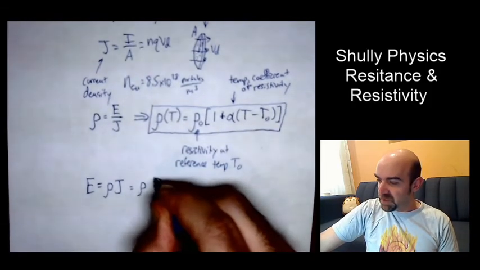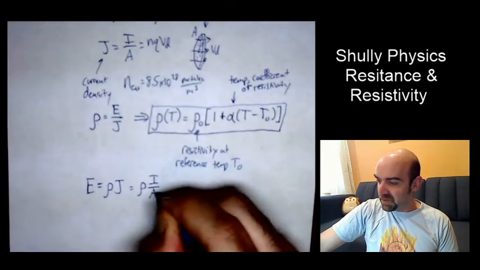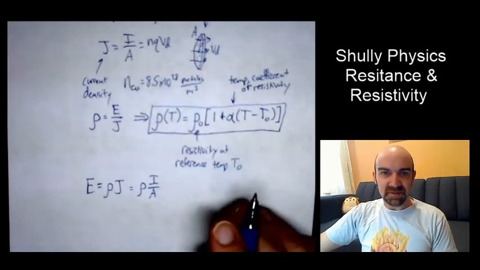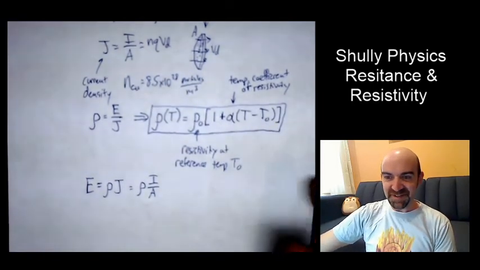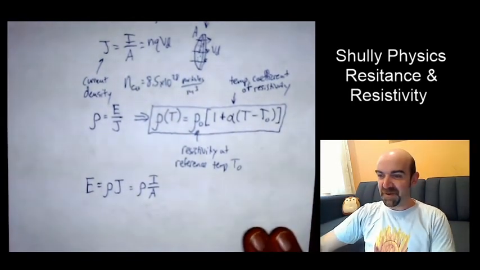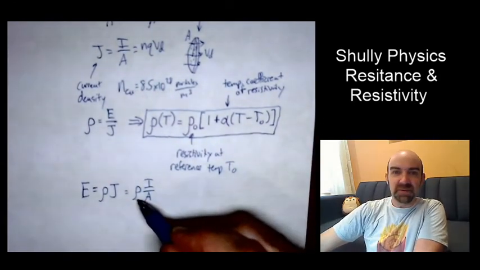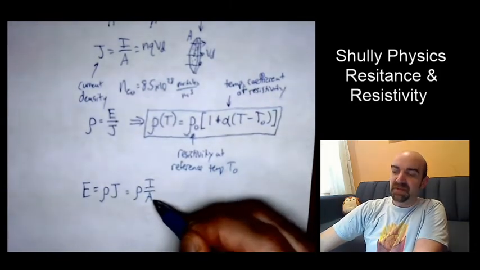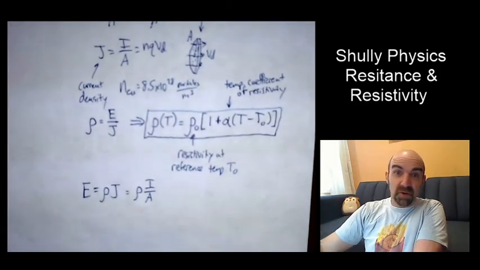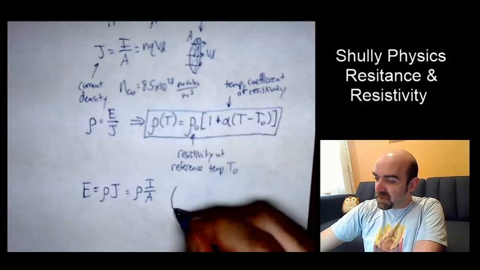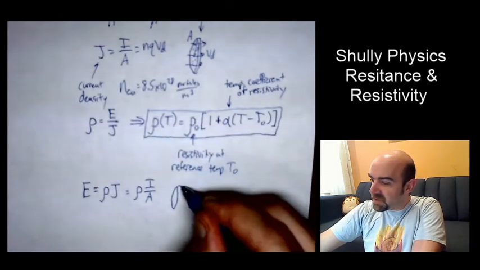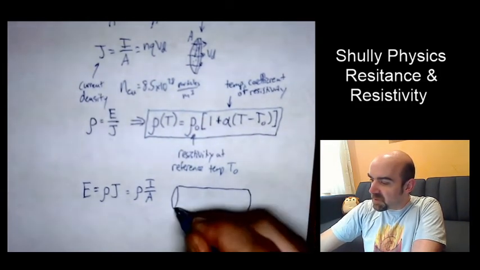So rho times I over A. Okay, so we just got rid of that current density. All right, so now let's start thinking about how that electric field and the current and the area all are mixing in here. So I'm going to make a new sketch.